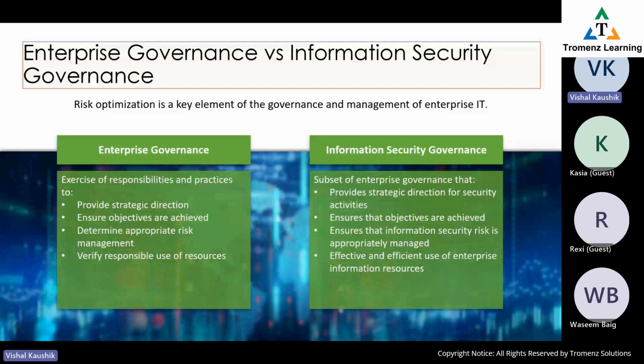So when we talk about governance of information security, we are looking at the mechanisms or means that have been put in place to ensure that the risks are appropriately managed. Things like policies, procedures, etc. And we'll see that ahead.